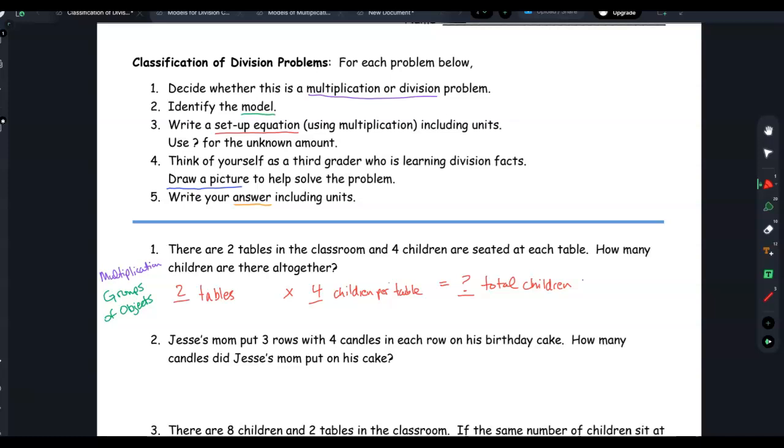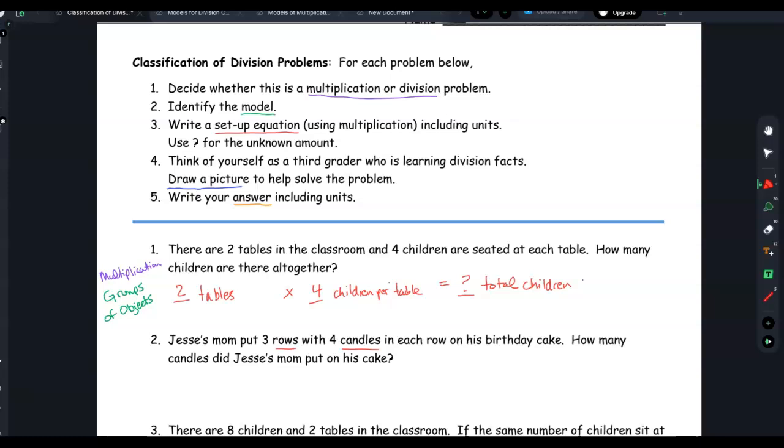And then hopefully it's clear here, we would multiply 3 times 4 to find the total, but that may not be super clear. So if it's not, I would go to your setup equation. So in this case, our objects are candles, and then our groups or our rows here.